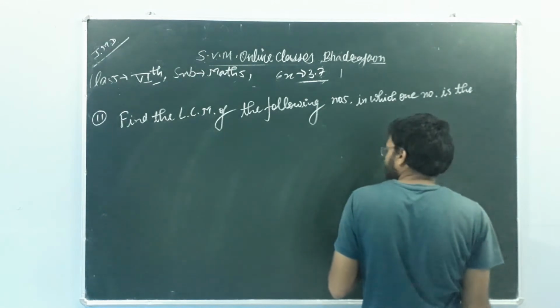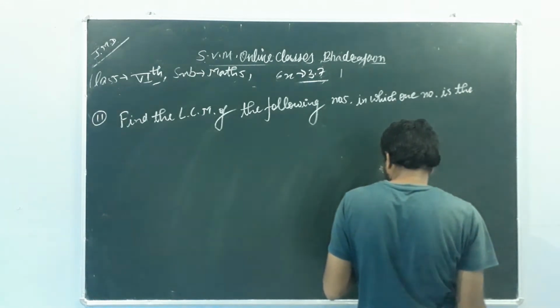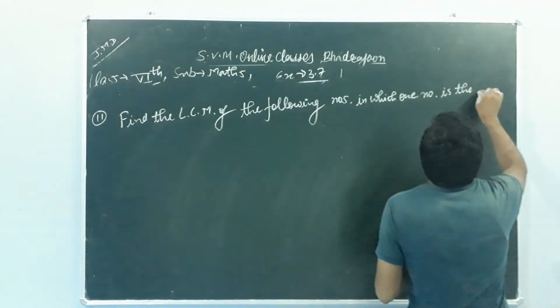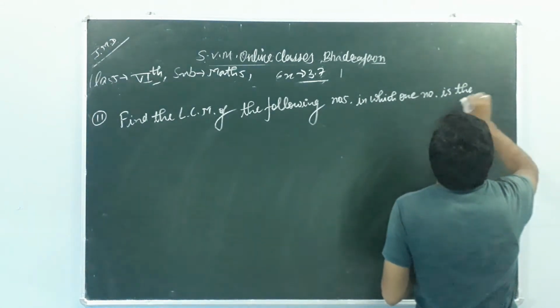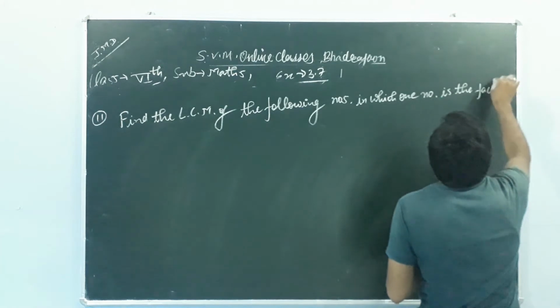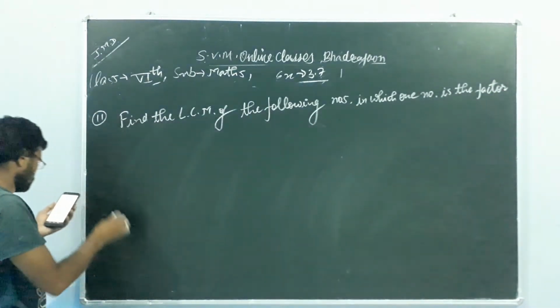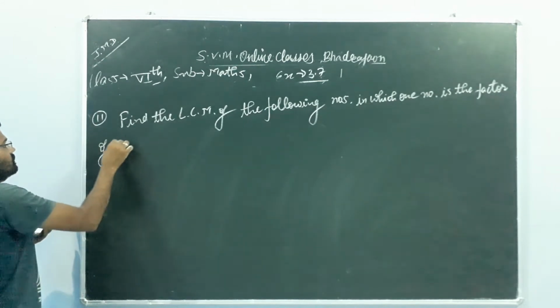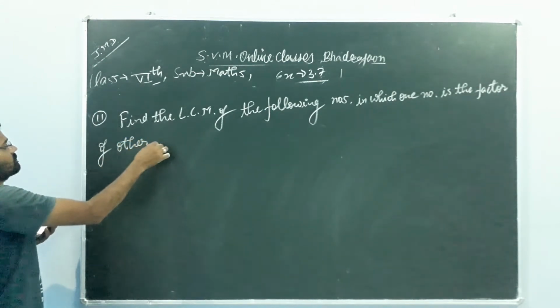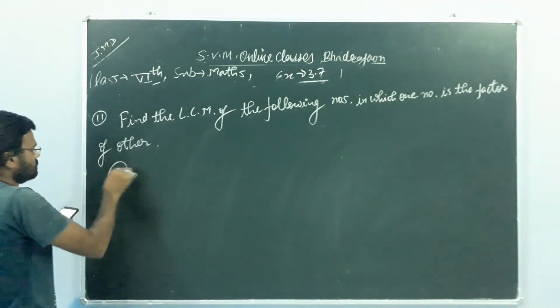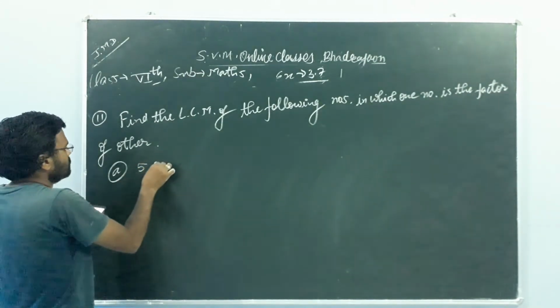Actually, the 11th one is: find the LCM of the following numbers in which one number is the factor of the other. So part A is 5 and 20.